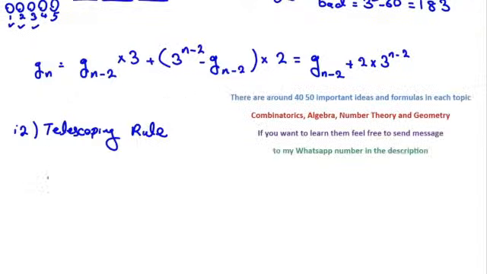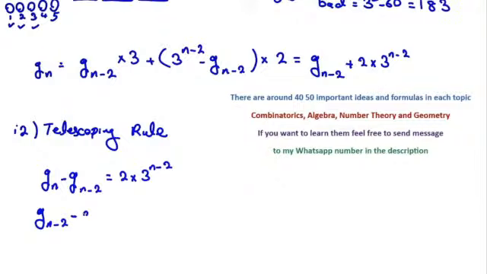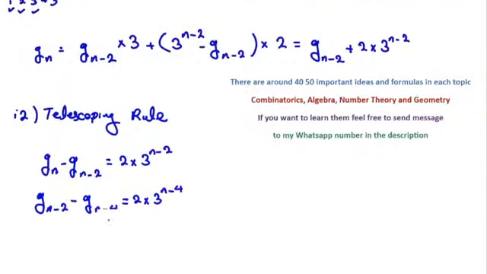Okay, let's calculate. I write Gn. We've defined for odd numbers. That's the reason Gn is defined in terms of G(n-2). Now if, instead of n, we replace n with n minus 2, G(n-2) minus G(n-4) equals 2 times 3 to the n minus 4.